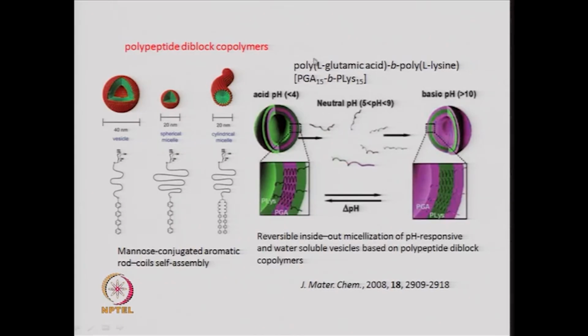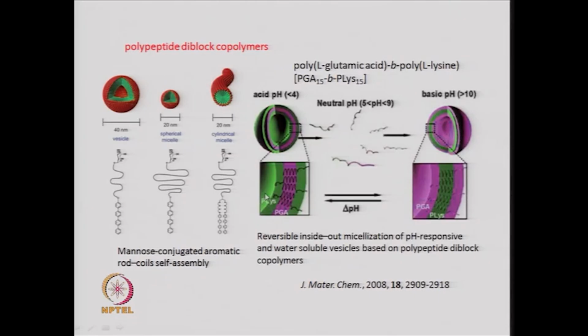Now, this is an example where you start with di-block copolymers with a mannose. This is a sugar group at the top, and you have the aromatic ring with the sugar group, which is mannose in this case, and this can give rise to different structures depending on the length of the hydrophobic chain.